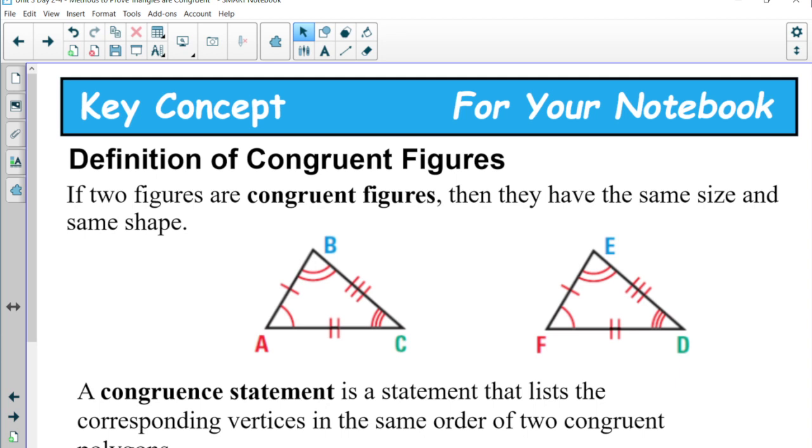Here, if two shapes are congruent, they are the same size and the same shape. What will determine same size is all of the sides being the same, and what will determine same shape is all the angles being the same. So that means all these different measurements, all the different sides and all the different angles in the shape, are the same. If that happens, then the entire shape is congruent.